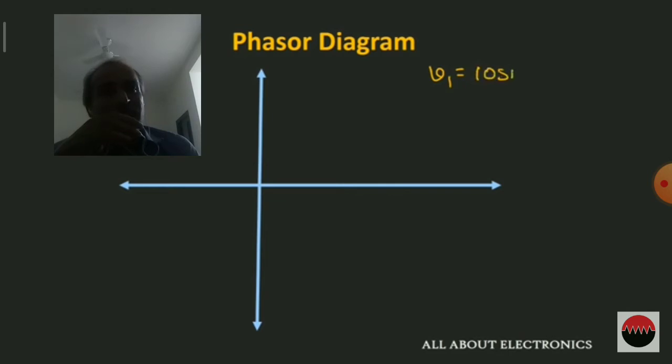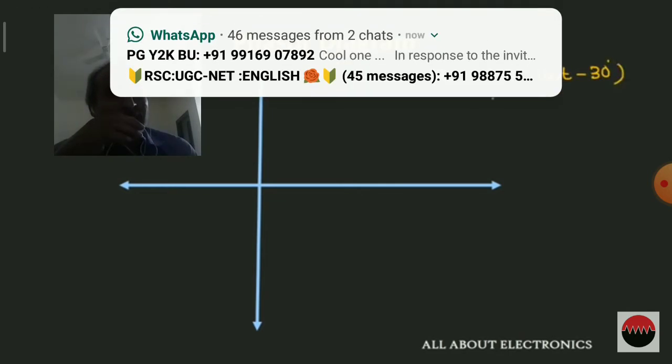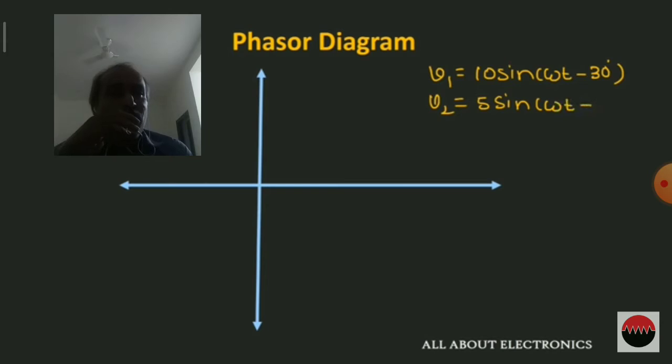Now let's see voltage V1 equals 10 sine of omega t minus 30 degrees, and one more vector V2 of amplitude 5 sine of omega t minus 120 degrees, lagging. So how to draw the phasors for these two vectors?